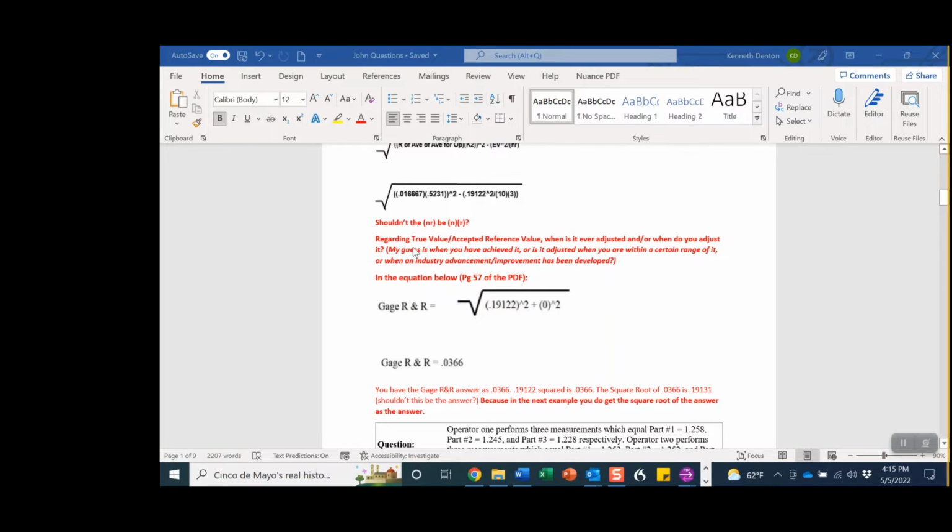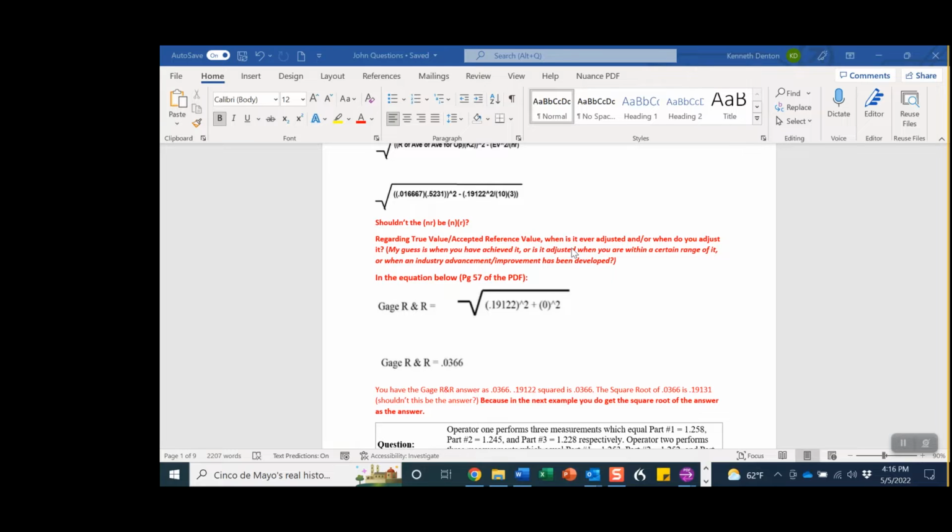Yeah. All right. Okay. Now next here, regarding true value or accepted reference value, this is just an offhanded question. When is it adjusted? Is it like a technological advance, or when you hit it, you adjust up from there? I'm trying to think of was this in the gauge R&R study?